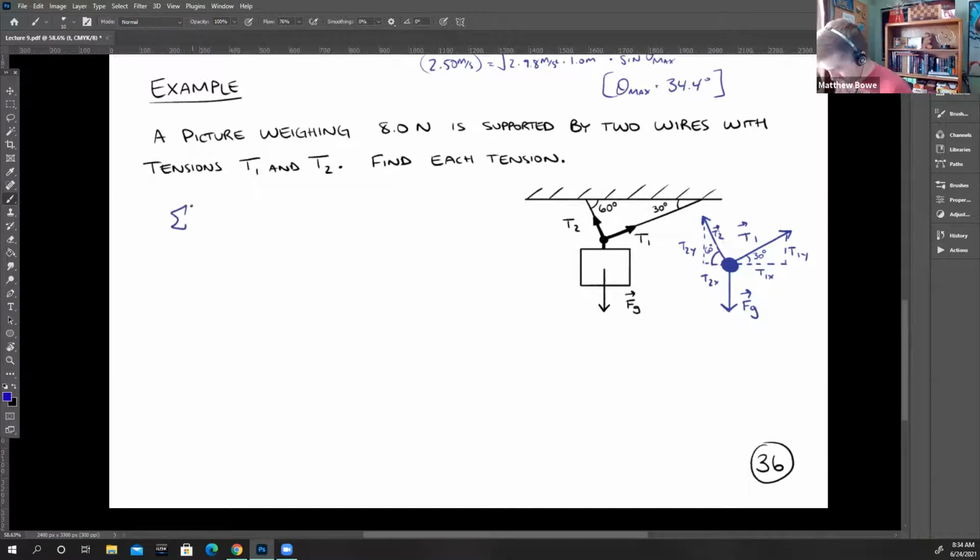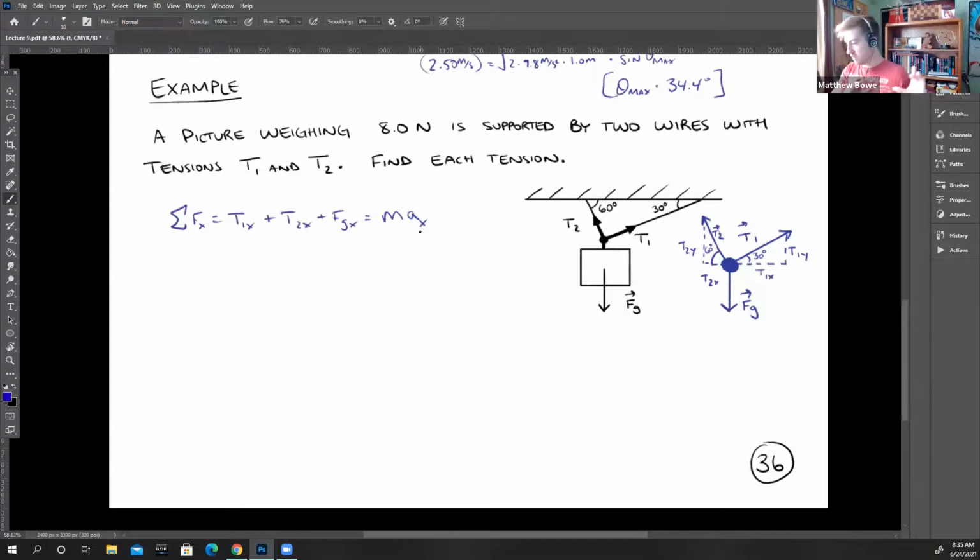The sum of all of the forces in the horizontal direction, first wire and the second wire and force due to gravity, all of that equals mass times acceleration in the horizontal direction. Well, we know it's stationary. It's something that's just hanging there.